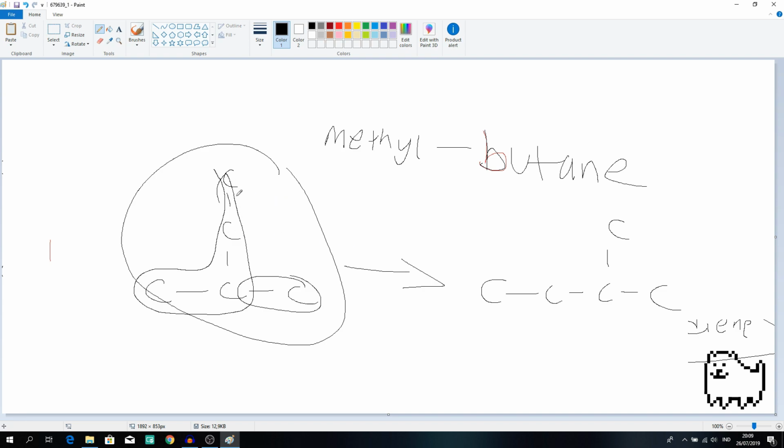Again, I'll just repeat. 4 carbons here with one attached, one before the end. So same thing on this side here. It's just 4 carbons here, one methyl group attached before the end. So this carbon could be placed here instead. So they're really just the same thing.